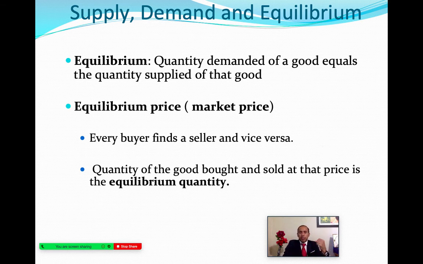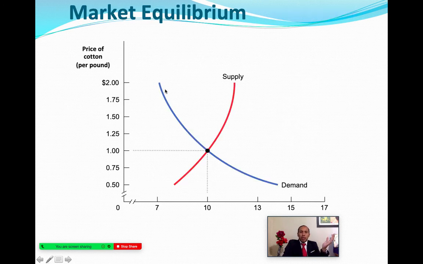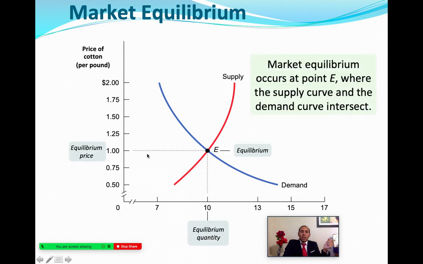We can show that graphically in the chart or we can also model it with the supply and demand condition. We have an equilibrium price and the market equilibrium where both quantity demanded and quantity supplied are equivalent to each other. And then we have our demand curve that is downward sloping and our supply curve that is upward sloping. The equilibrium price here is $1. The equilibrium quantity is 10 units, and we have market equilibrium.